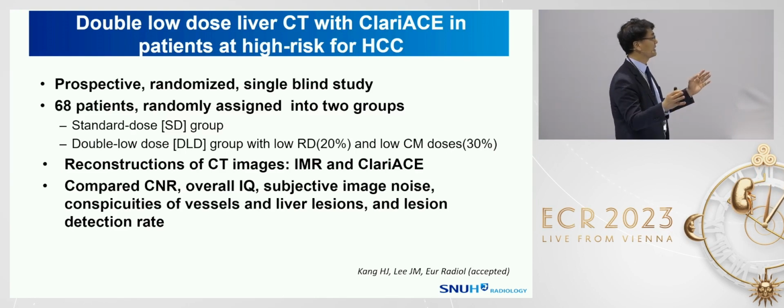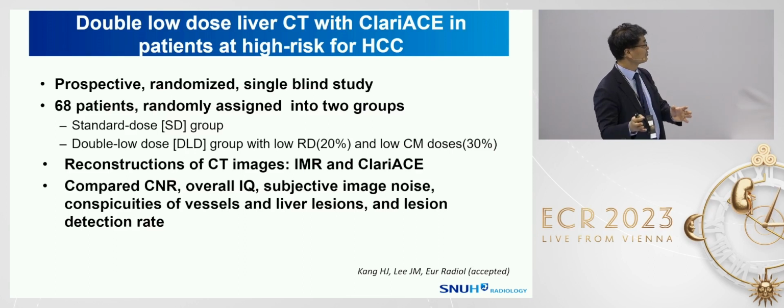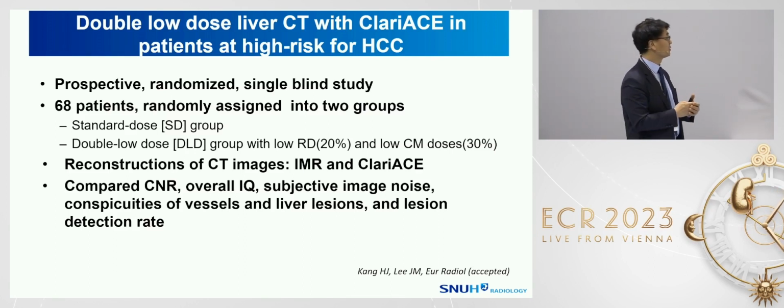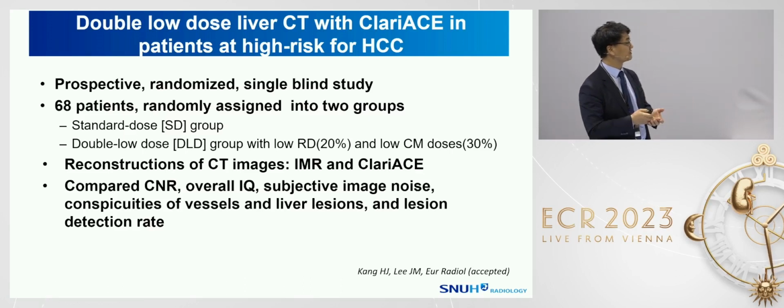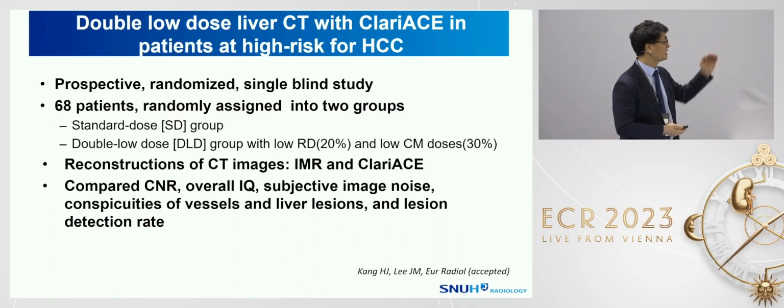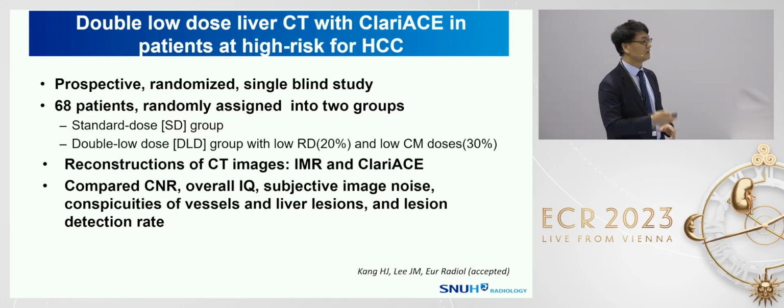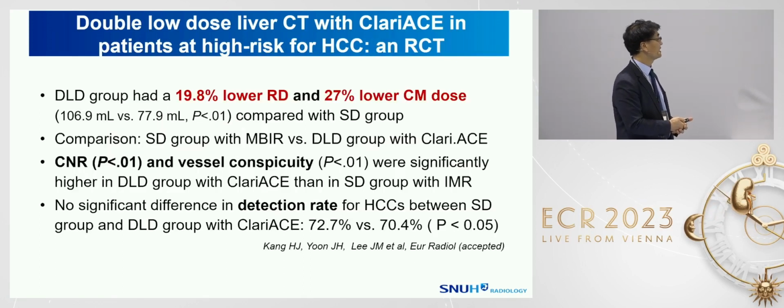We divided the patients into 2 groups. One is standard contrast dose. The other group is double low dose, which means radiation dose was reduced by 20% and contrast dose reduced by 30%. The double low dose group CT images were reconstructed with ClariACE.